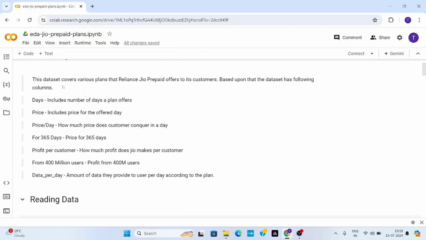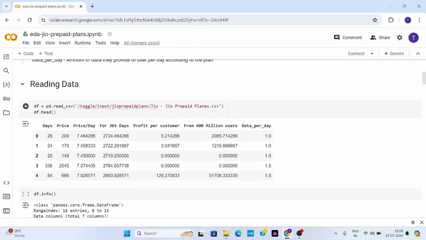Okay, our data set covers this many columns. Let's see our data set here. Price per day means 209 divided by 28, which gives you the price per day. For 365 days, just multiply the price by 365, which gives you a number.